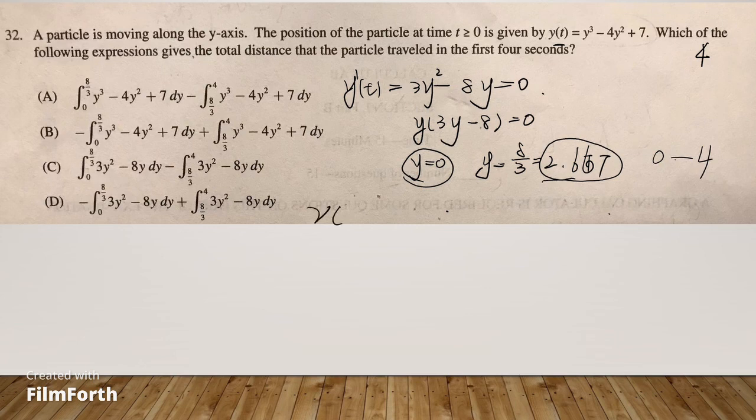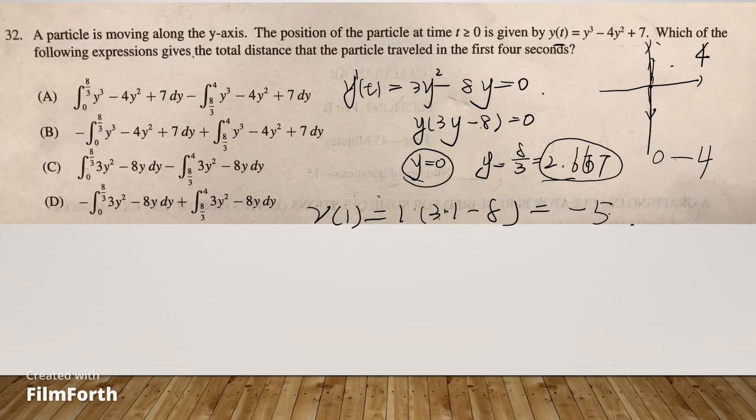So V of 1 equals 1 times 3 times 1 minus 8. So it's negative. So that means the particle at first goes downwards, then goes upwards at some point.